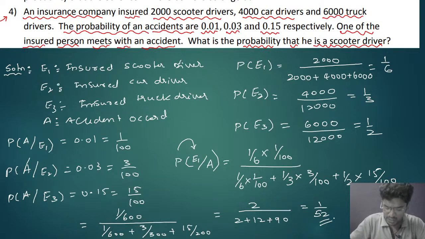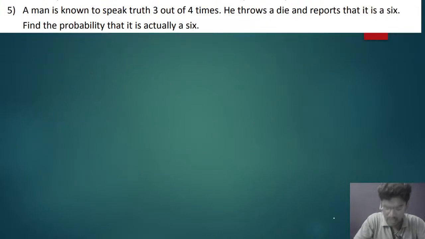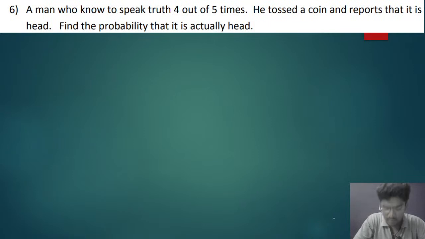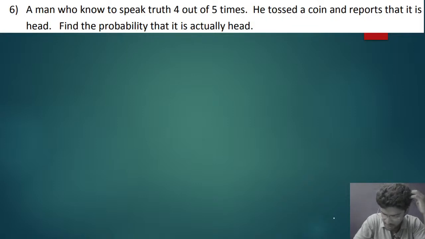Now I am going to end this class for today here, because these three problems are enough. Already I have given one problem for homework, and the fifth and sixth problems I will solve tomorrow. You also look at your fifth and sixth problems and try to solve them using the same method from Bayes theorem.